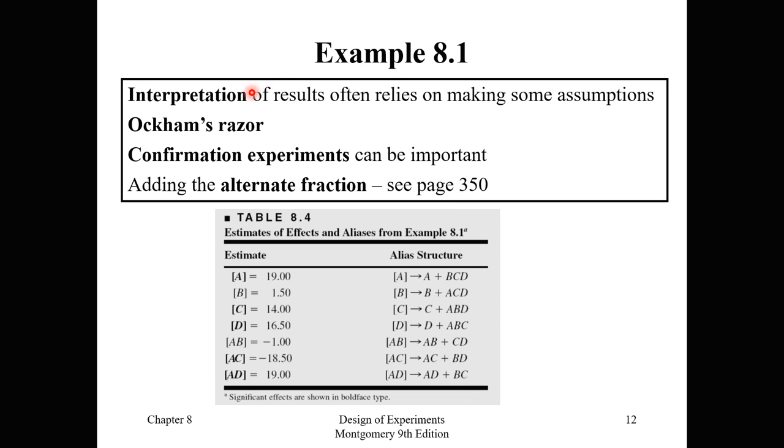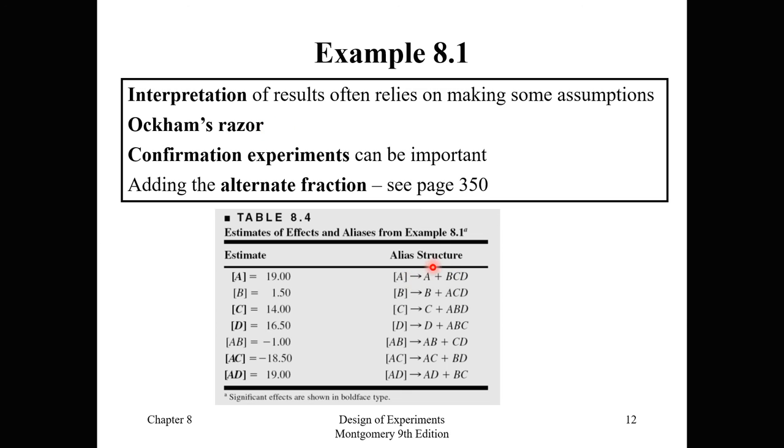So again, our interpretation gets kind of wonky, and the biggest reason is because of the way in which the alias structure is created. So this factor effect estimate for A is actually A plus the 3-way interaction BCD. And so Occam's razor pretty much says that the simplest explanation is the best.